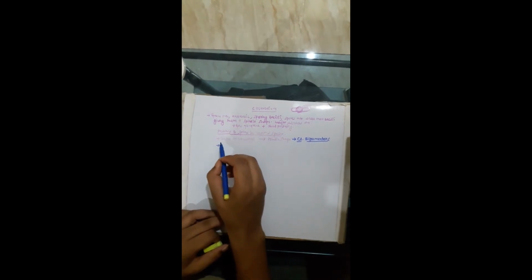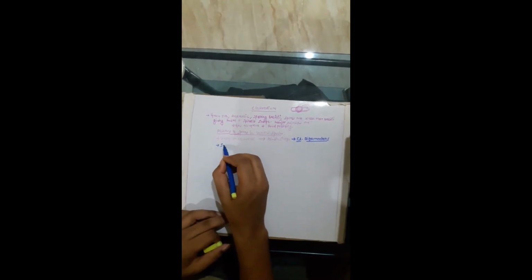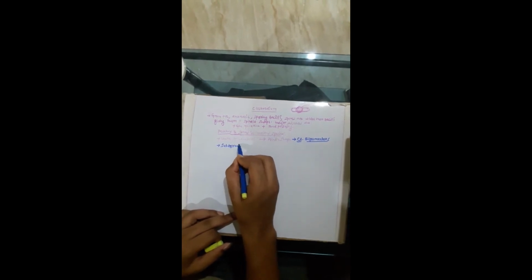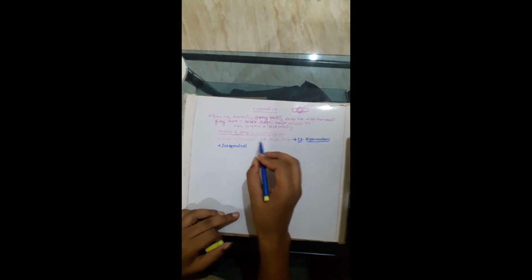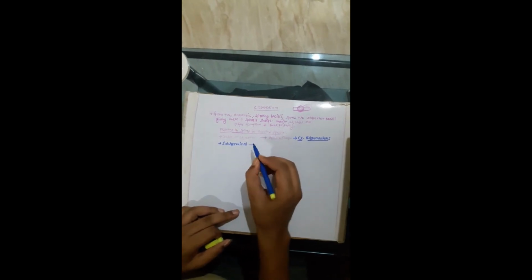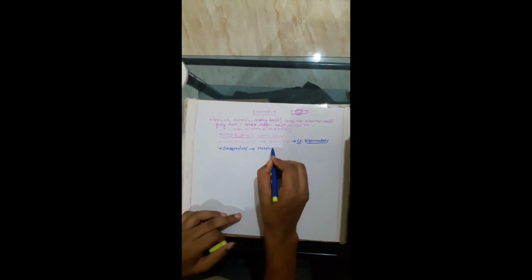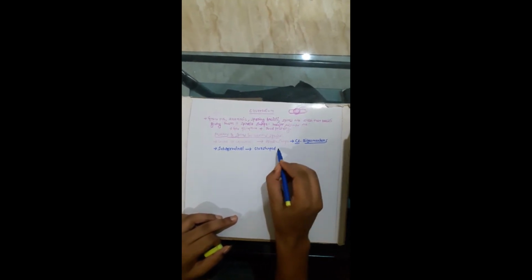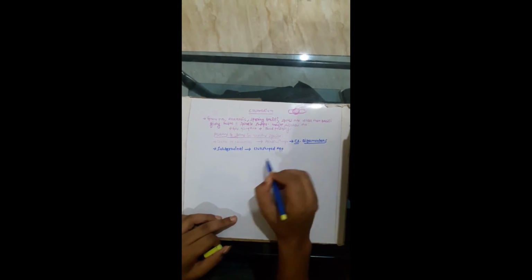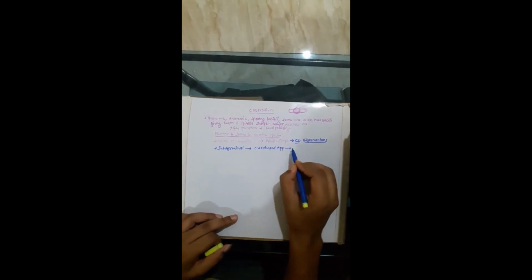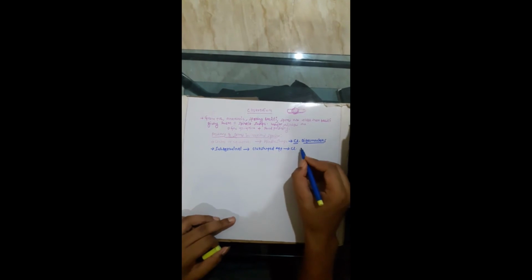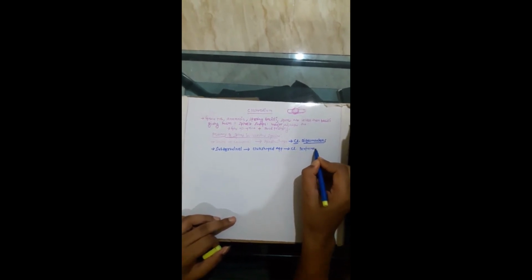Then the position is subterminal, and the shape is club shaped, giving them a club-shaped appearance, and it is seen in Clostridium perfringens, which we will discuss particularly in this video.